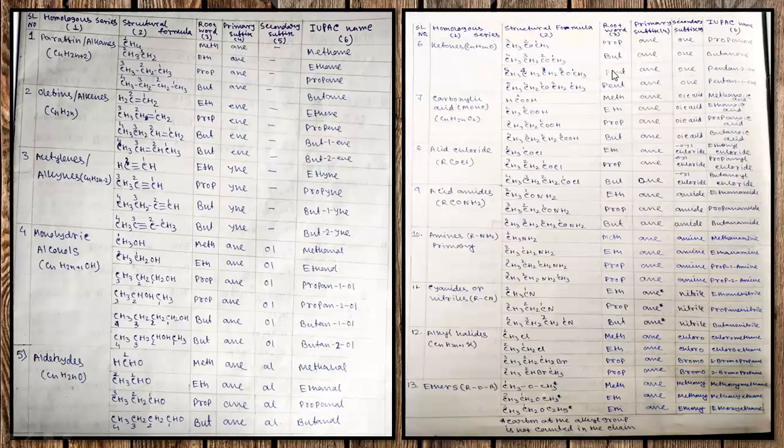And in the case of alkenes and alkynes, what happens? In the case of alkene, if a compound is unsaturated and contains a double bond, then you have to add the primary suffix, that is ene. So I think all of you can remember what I said in my previous lecture video. At first you have to count how many carbon atoms are present in the compound.